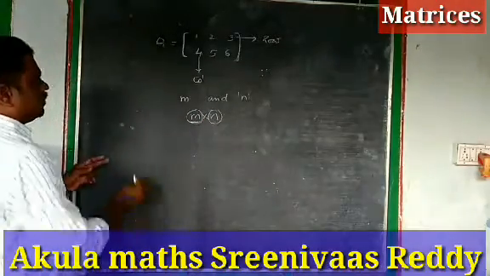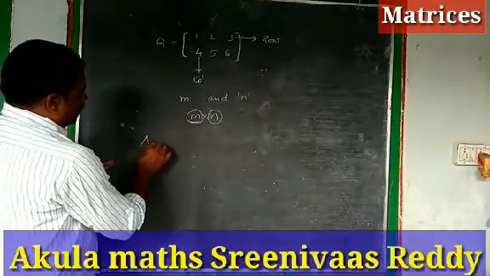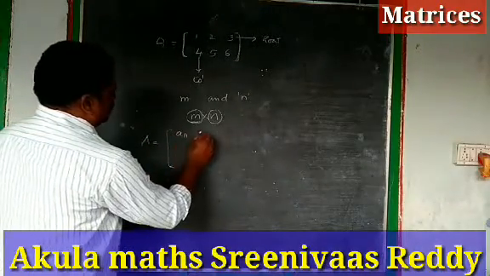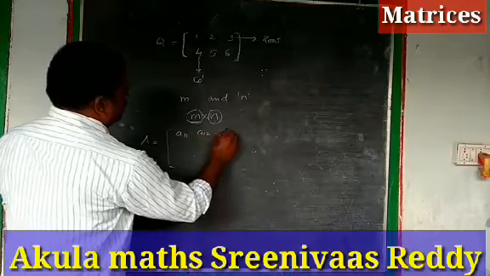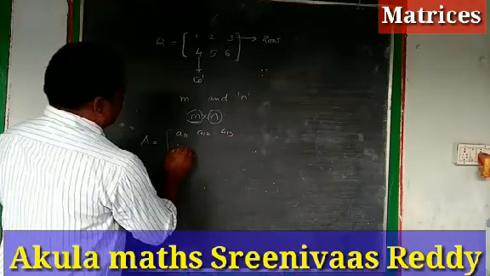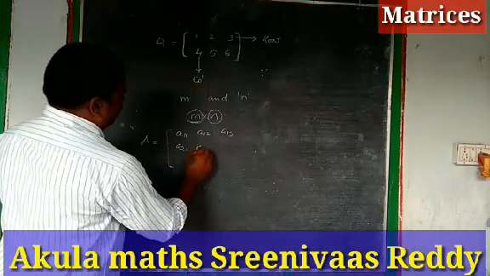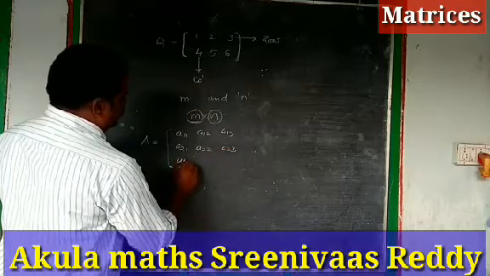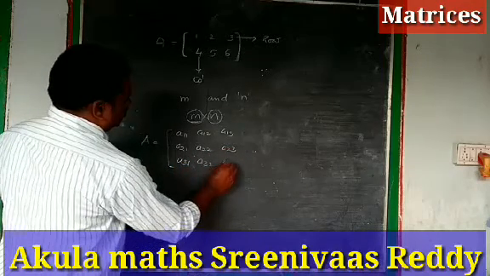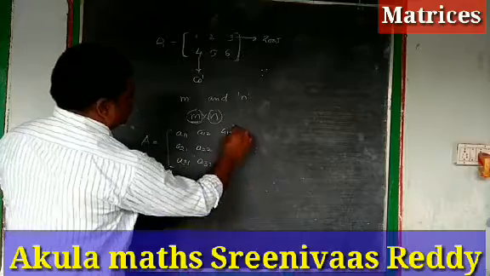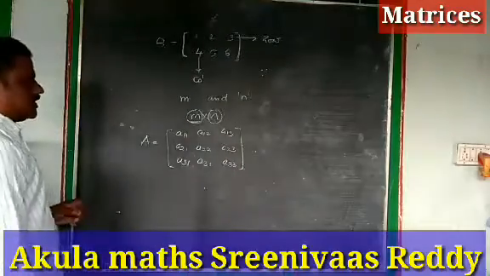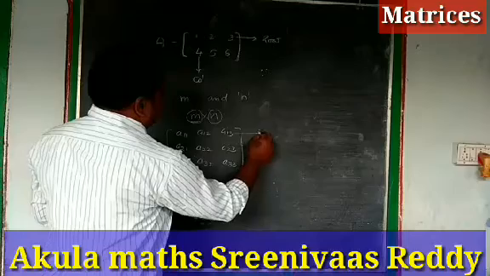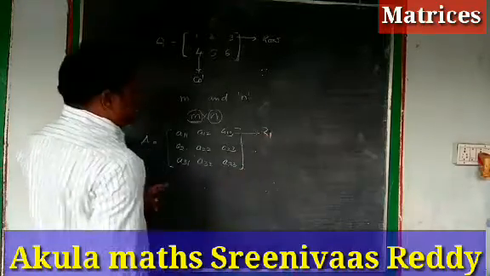For example, we may take one example. A is equal to A11, A12, A13, A21, A22, A23, A31, A32, A33. In this matrix, how many rows are there? This one is R1, the first row.